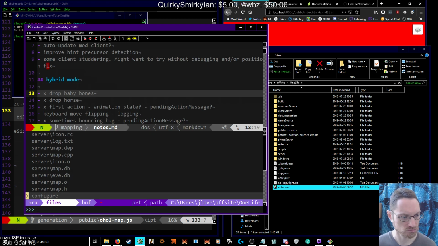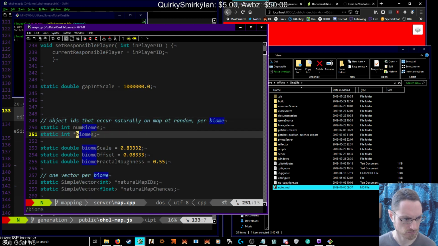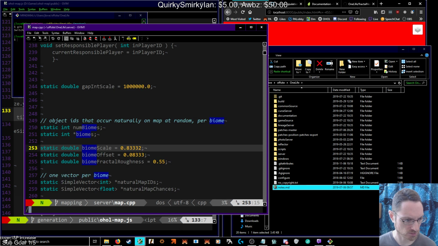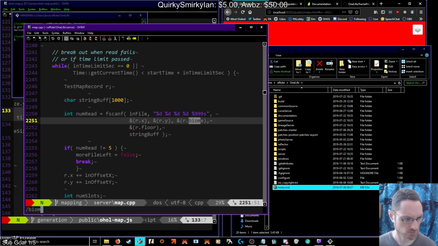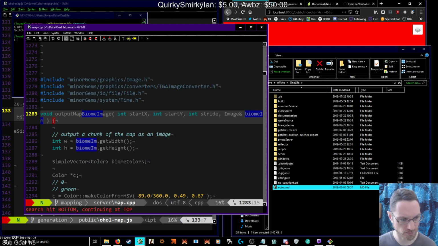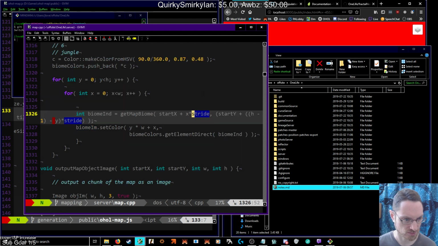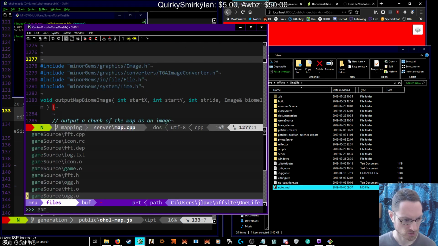Map.cpp. Dump. Biome image. Output map biome image. So this gets a stride from outside. So we're probably looking at game source.